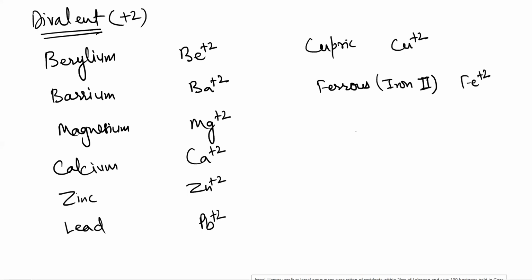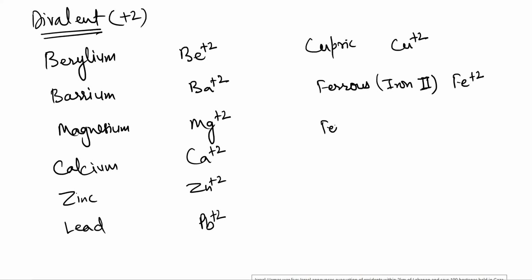Sometimes it is written like the formula of iron oxide, iron and then oxide. So when it is written like iron with a 2 here, it means it is talking about iron with valency 2. That is Fe2 positive.